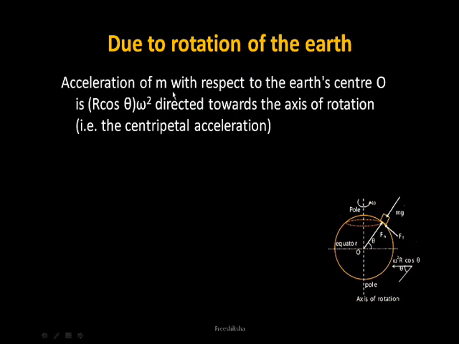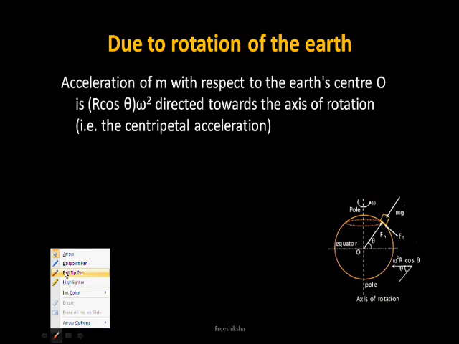So the acceleration of m with respect to the earth's center O is r cos theta omega square. The simple general formula of acceleration when an object is in circular motion is r omega square, isn't it? R is the distance from the center of that circle.